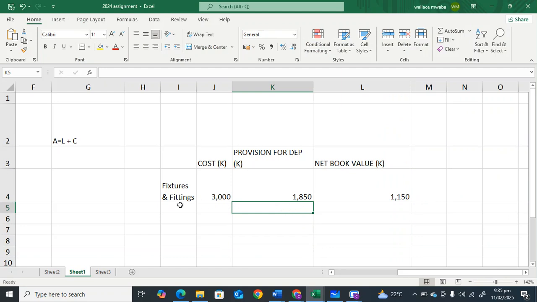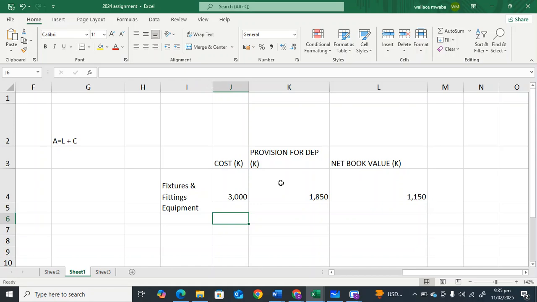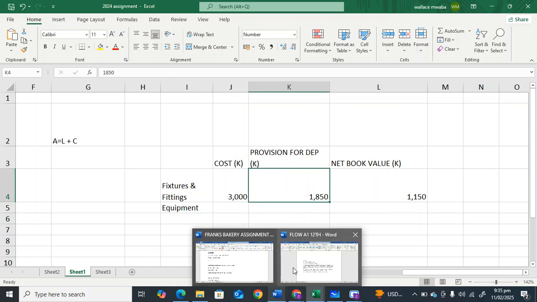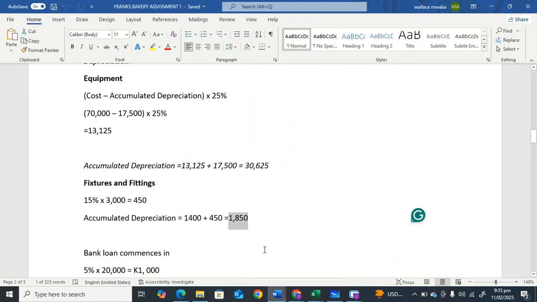Okay, next we'll go to equipment. The cost of equipment is 70,000.